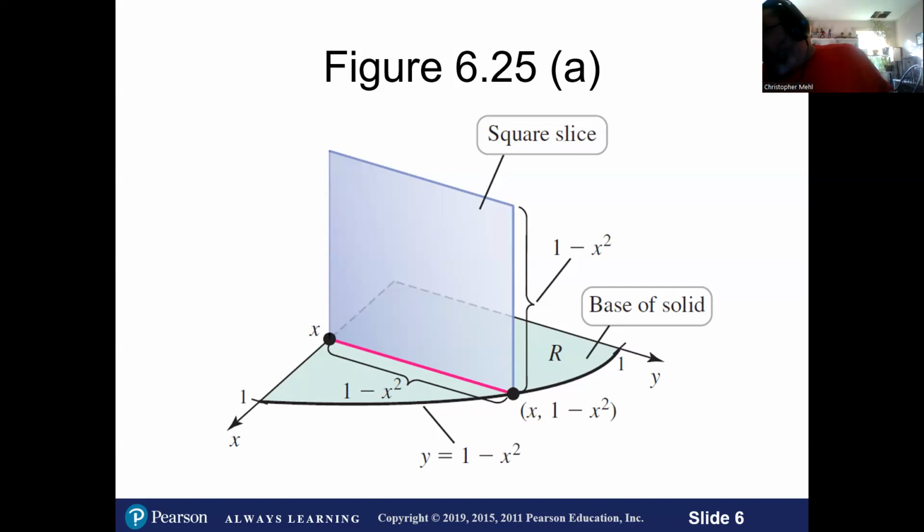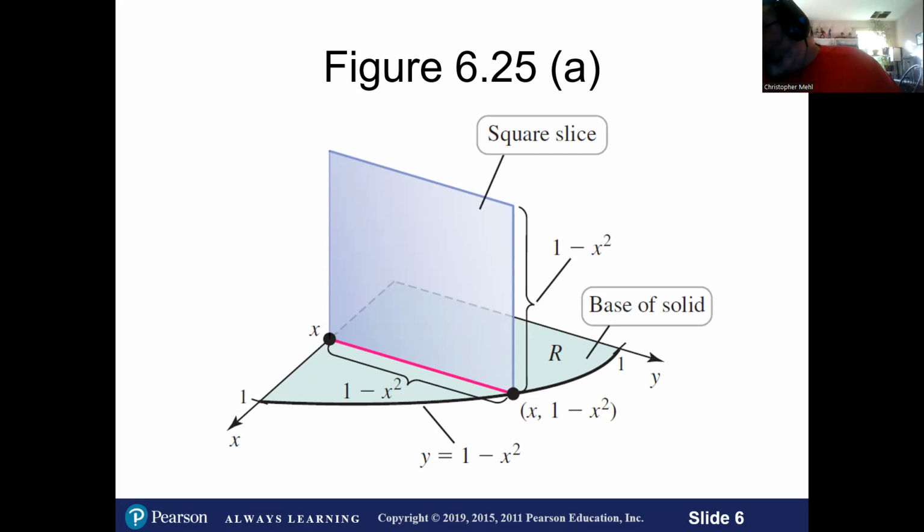The solid then has base region R, and we're imagining this thing extends up. The cross sections of this parabolic cube have base R, and they extend up as a square slice, like you can see there.